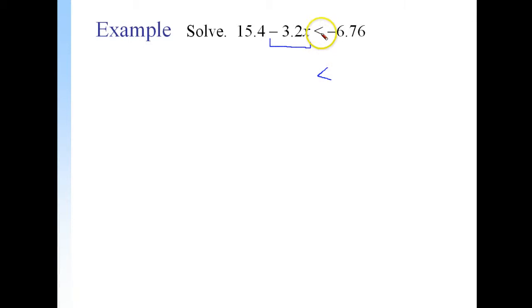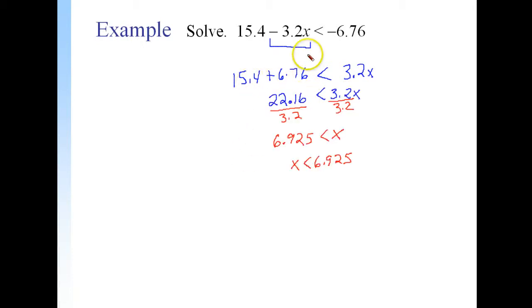Keep the inequality sign the same, but now this becomes a positive 3.2x on this side. And then I have over here 15.4. Transpose this, that becomes a positive 6.76. So add these together. So when we add these together, we get 22.16.